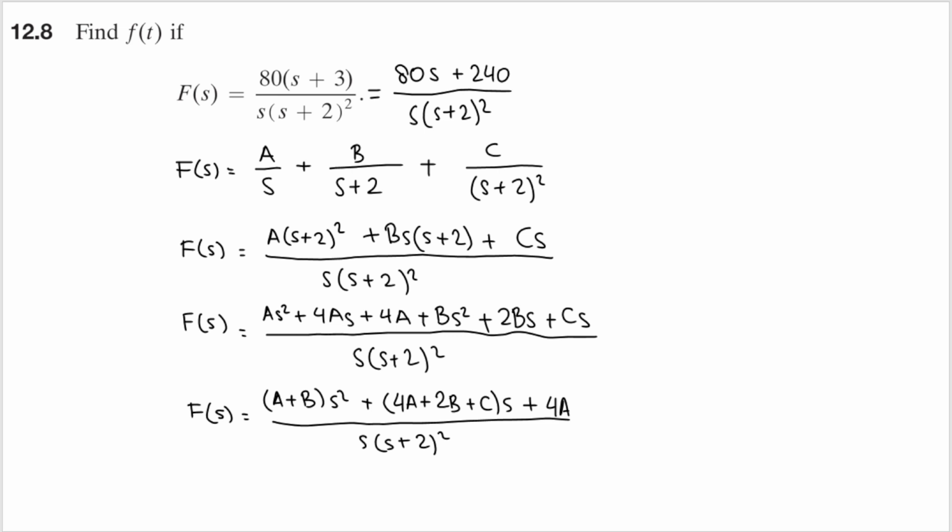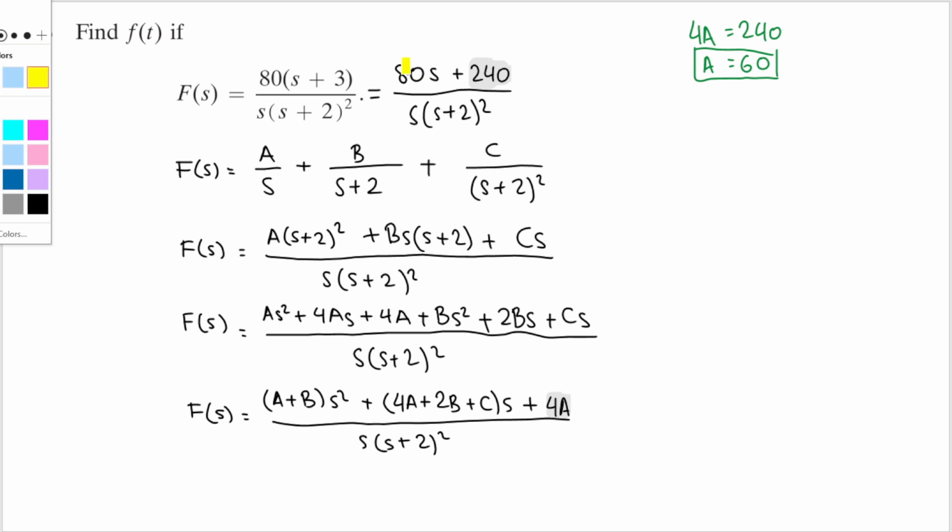Okay, now let's highlight which is which. So 4A is 240, and so we will have A is equal to 60. Okay, if A is 60, then what can we get from here? We have A plus B is equal to 0, right?